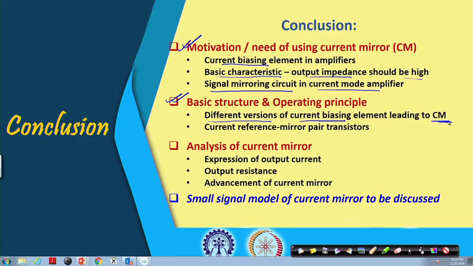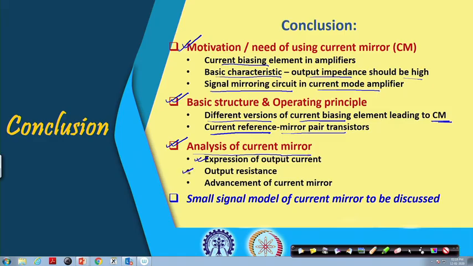Structurally, a current mirror has a current reference followed by a mirror pair of transistors. And then after the break we discussed in more detail the expression of the output current. We went through detailed circuit analysis and derived the expression of the output current of a current mirror in terms of reference current and the aspect ratio or the reverse saturation current ratio.